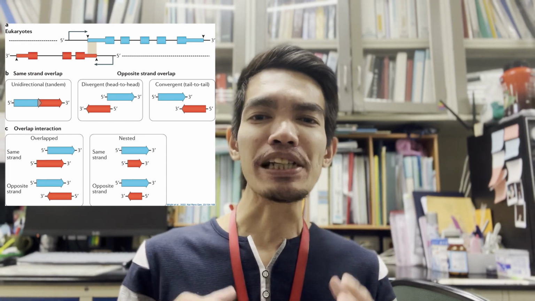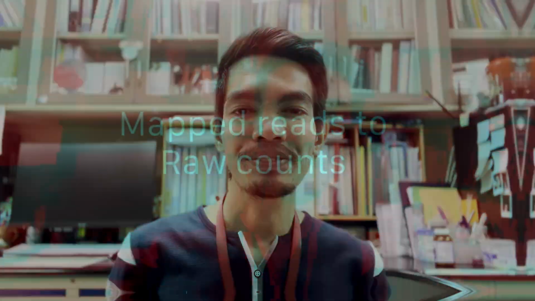On top of that, we also have the observation that unique genes can actually overlap in a genome. And so this clearly shows us the necessity of why we have to properly flag these mapped reads as either informative or ambiguous.